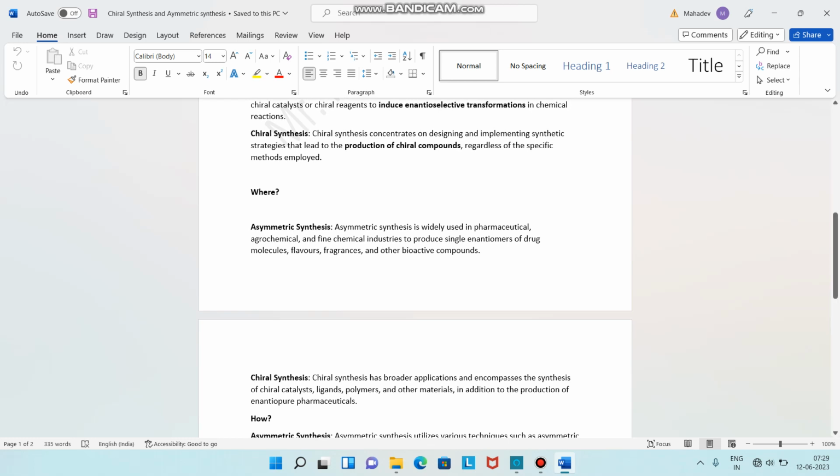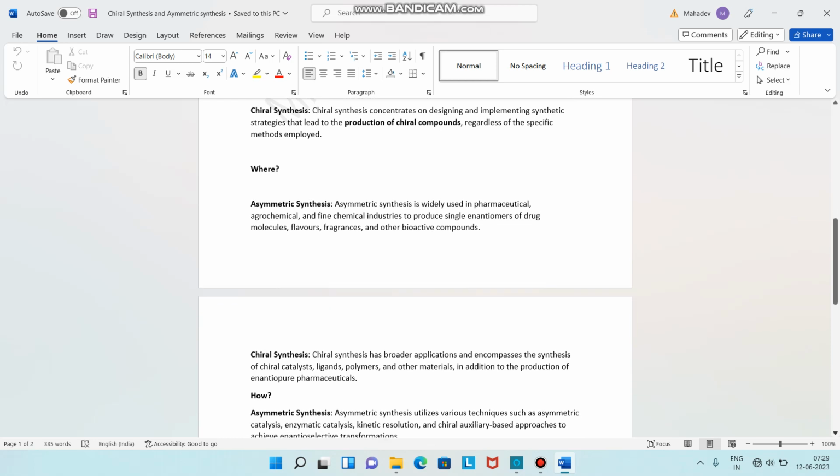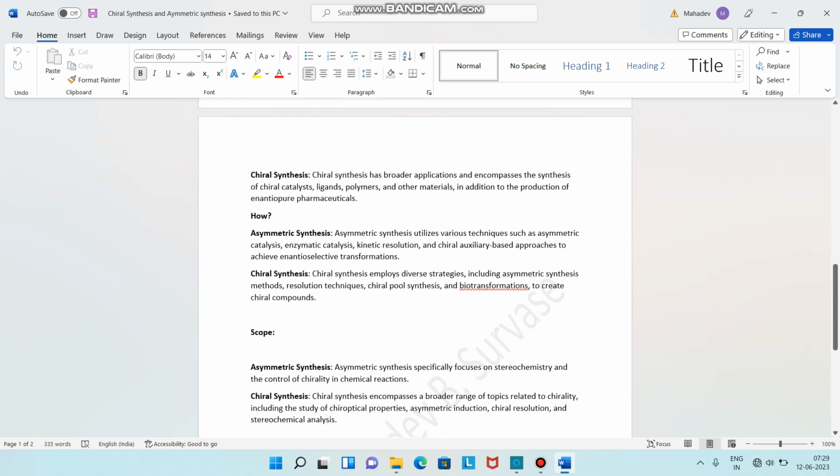In case of chiral synthesis, the application has a great variety of things, with catalysts, ligands, polymers, and some other materials.